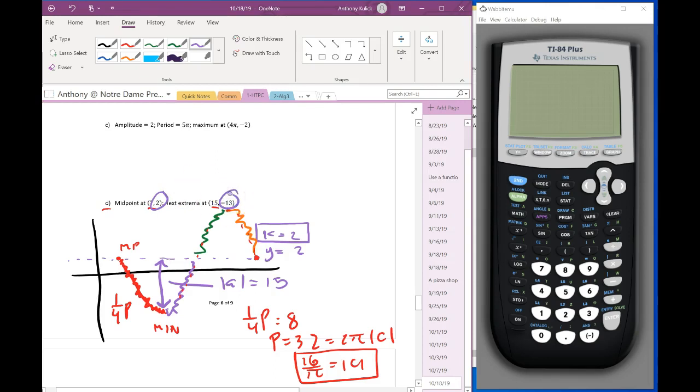Definitely, it definitely helps to be a visual person. Okay. Is everybody happy to here? So I just looked at the difference in the x-coordinates, 15 and 7.